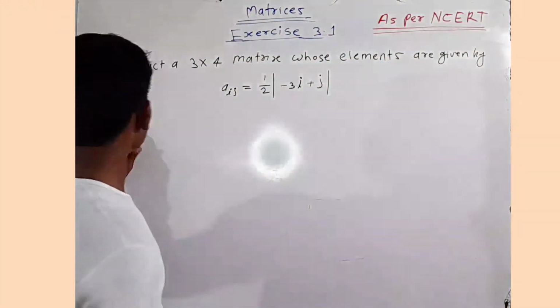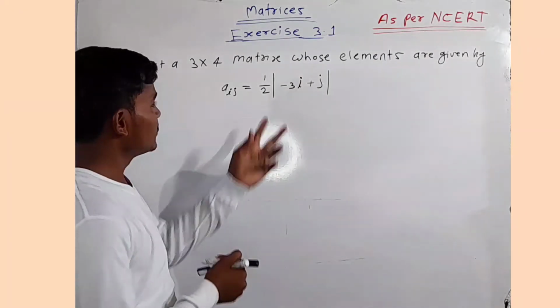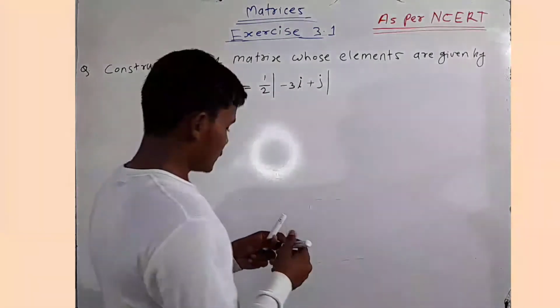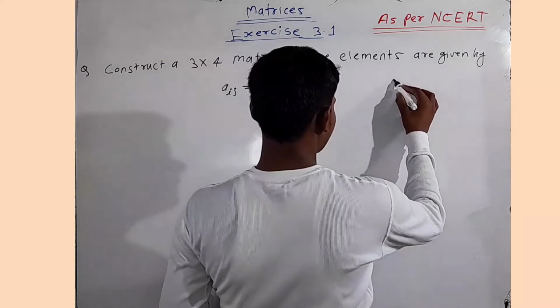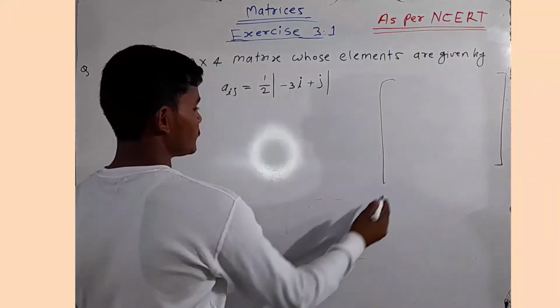Now construct a 3 by 4 matrix whose elements are given by this formula. So a 3 by 4 matrix has 3 rows and 4 columns.